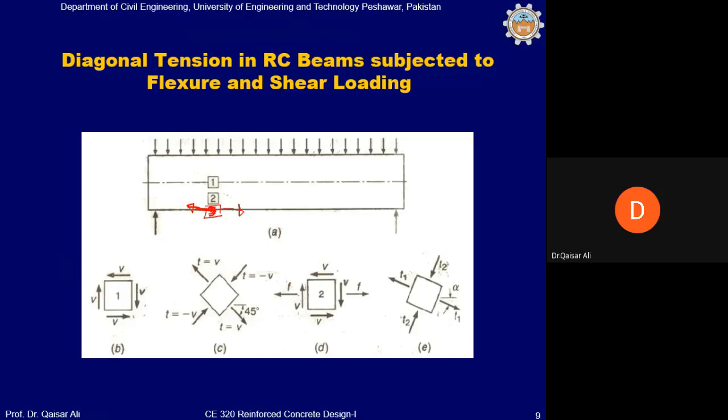And when there are two opposing forces like this in the form of tensile forces, which will produce tensile stresses, what will be the direction of the crack produced by these tensile stresses?